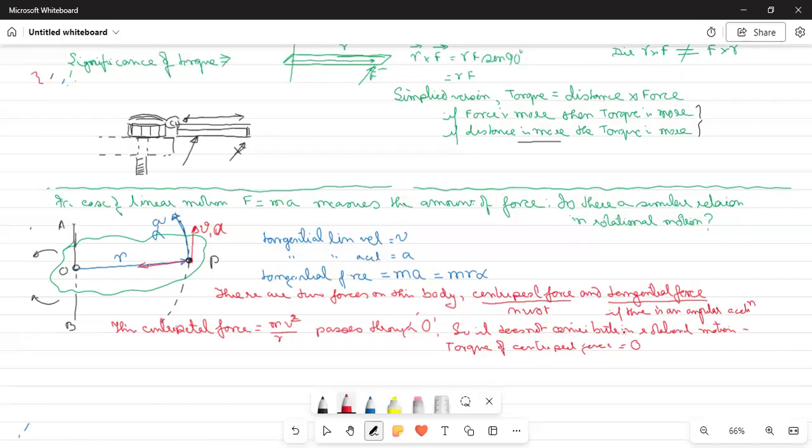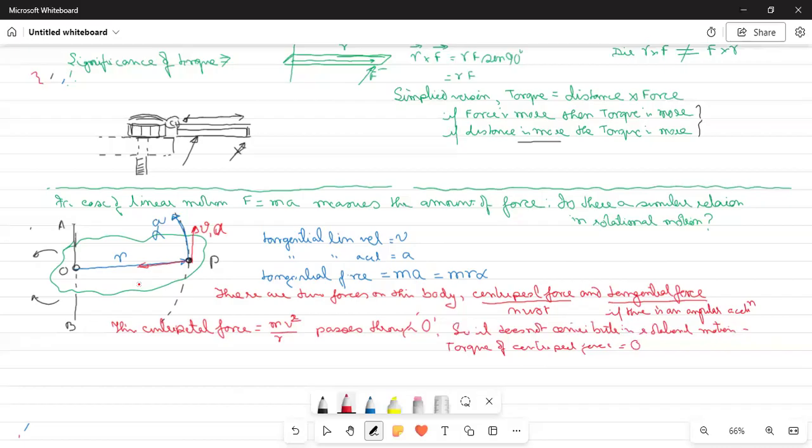Here, the force vector and position vector both lie on the same straight line, so the angle between them is zero. So the cross product rF sine zero is zero.